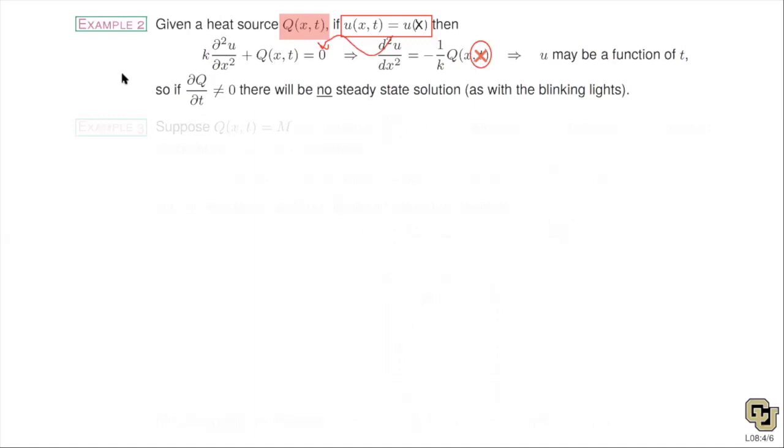If we want a steady state solution, then our internal source of energy will have to be time independent. Partial Q partial T will have to equal zero. It'll have to be constant in time for a steady state solution. That's just what the analysis is telling us here. And that's fine. That's just part of how our model works.